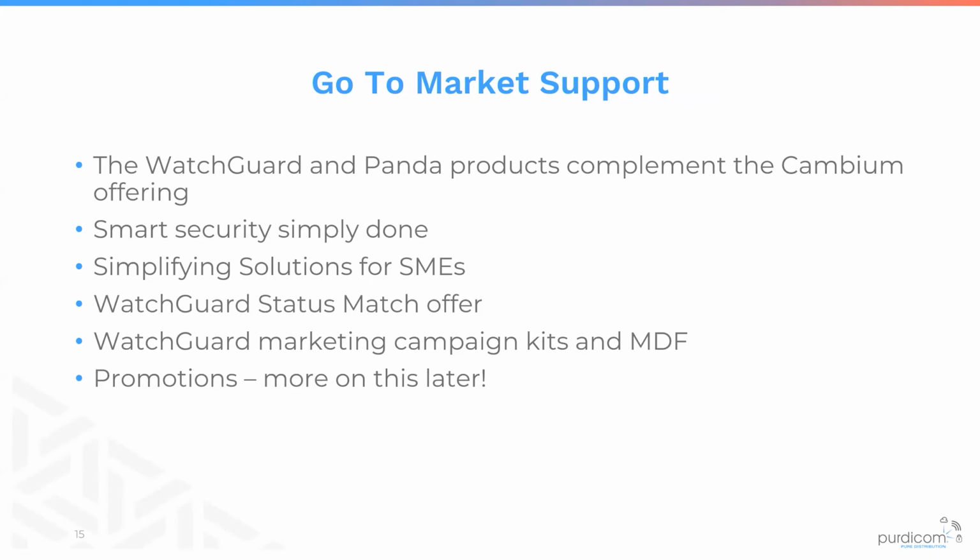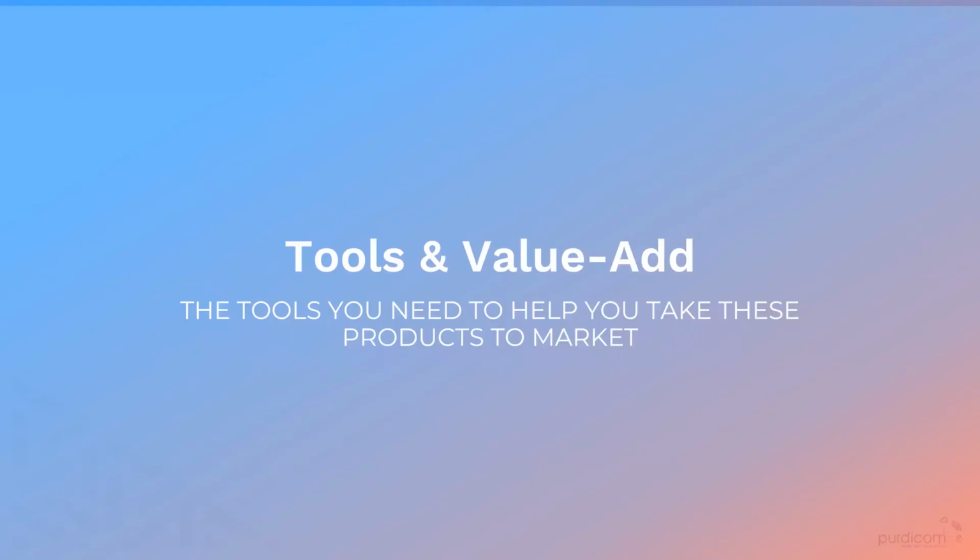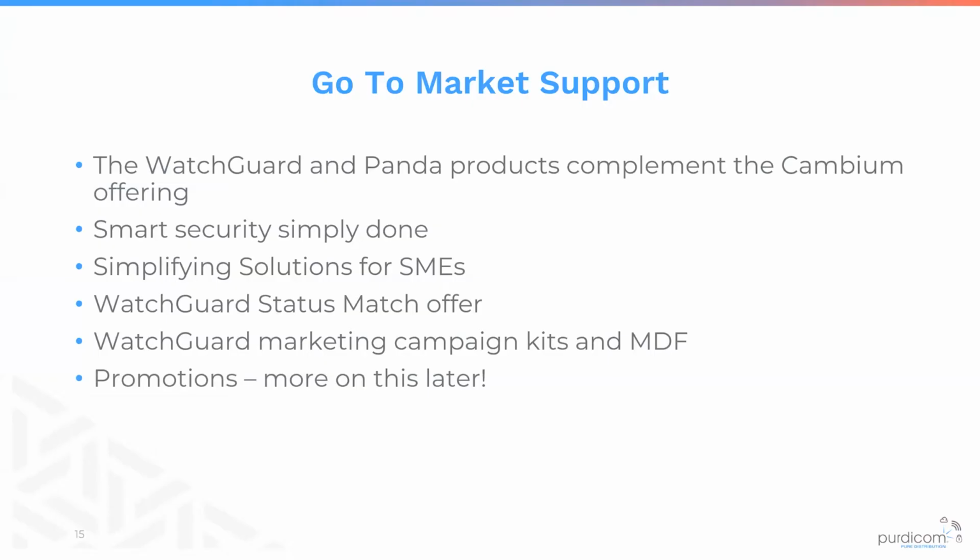One of the great things that I really love about WatchGuard is their status match offer. If you're already buying firewalls and you're already familiar with firewalls and you're buying from alternative manufacturers, but would love to start adding WatchGuard to your portfolio as an option or an alternative, then WatchGuard will status match you.